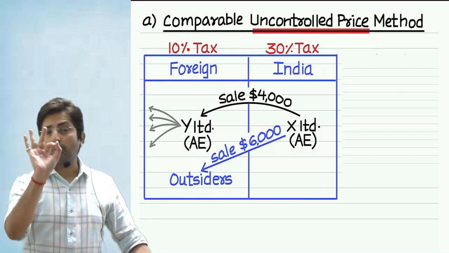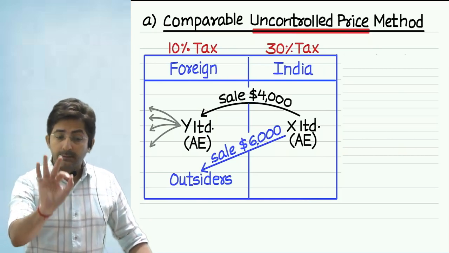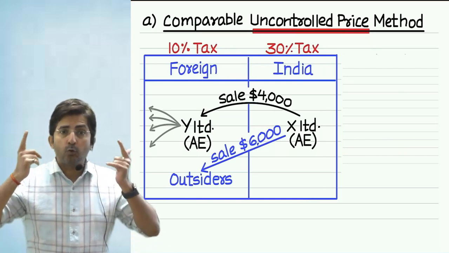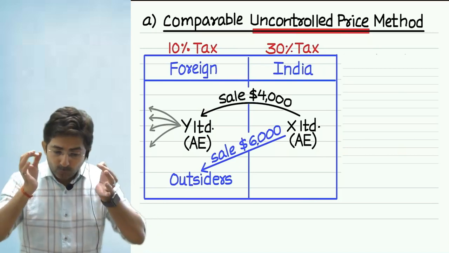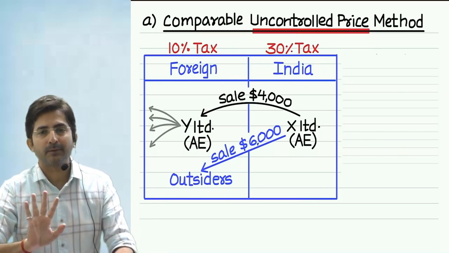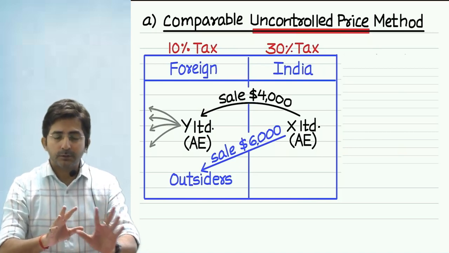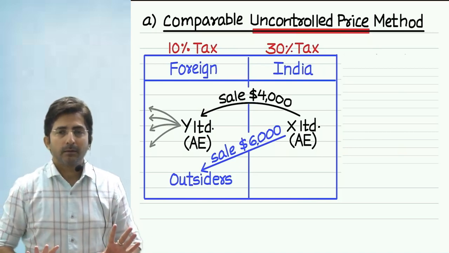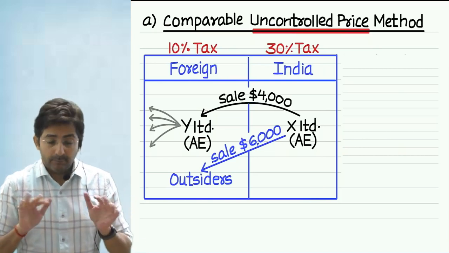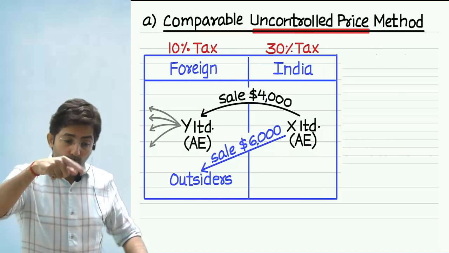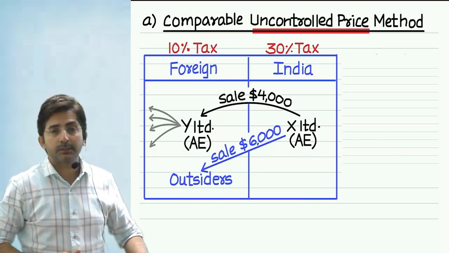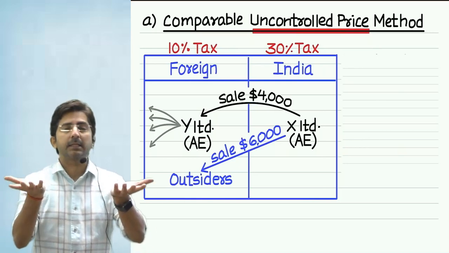Please think about both the options. Since a student can think of two options, that is a whole reason for confusion in the paper. Although it is very simple, some students make a blunder, and how they make that blunder, I will make you understand. First you tell me what are the two options to bring both the transactions at par.